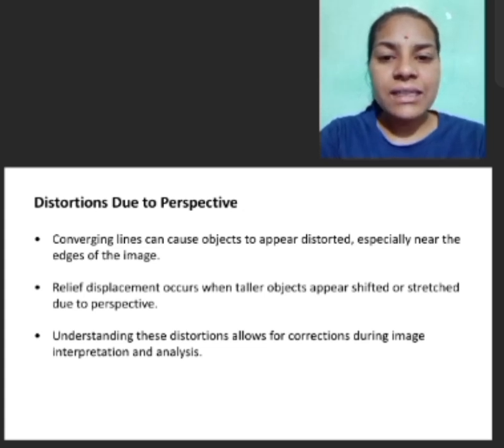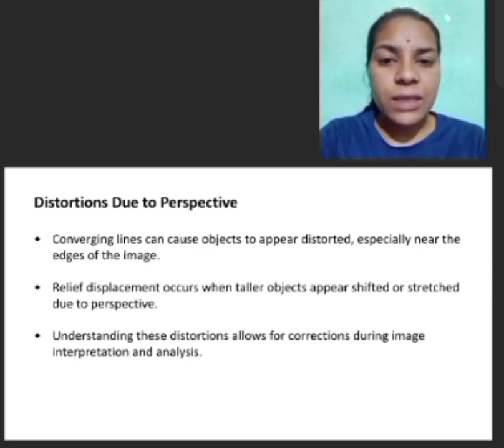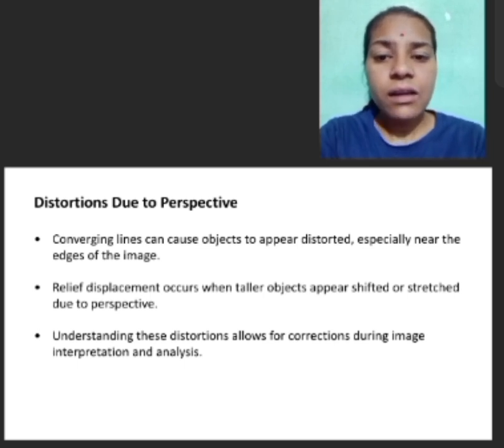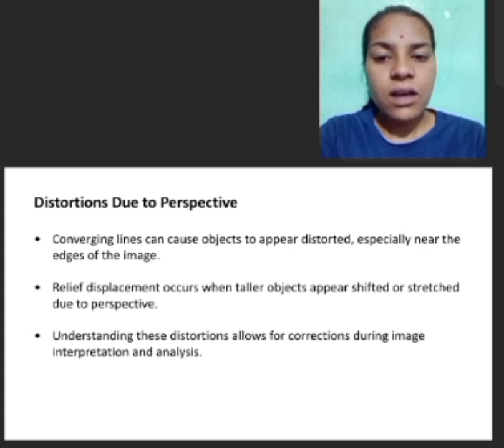In this slide, I discuss distortions due to perspective. First point, converging lines can cause objects to appear distorted, especially near the edges of the image.